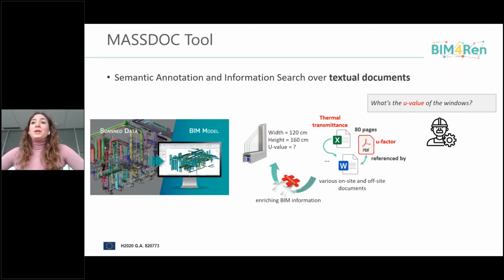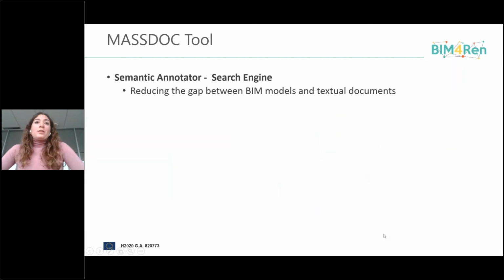For example, if the user wants to search for the U value of the windows, the U value could be described in several documents using different vocabularies. For example, the thermal transmittance term could be used, or we could have the U factor term describing the same information. So the Massdoc tool is going to help the user overcome these challenges combined, so as to reduce the gap between the BIM models and the existing textual documents.